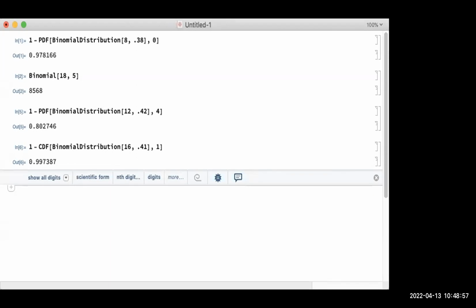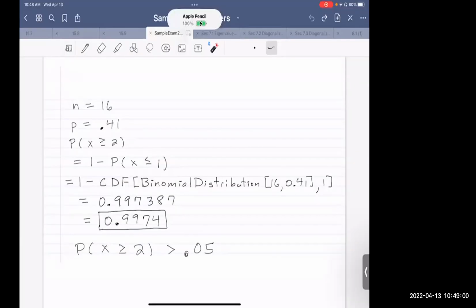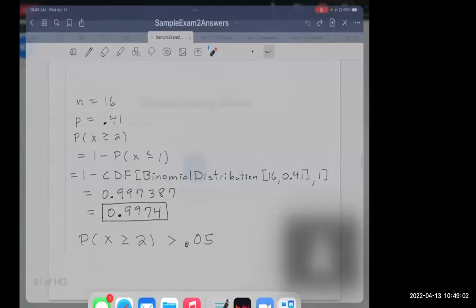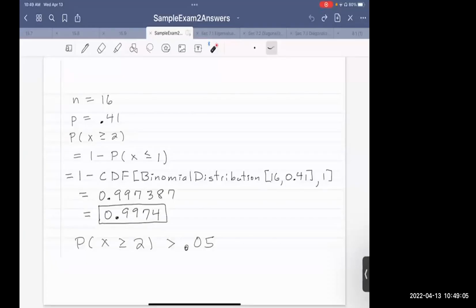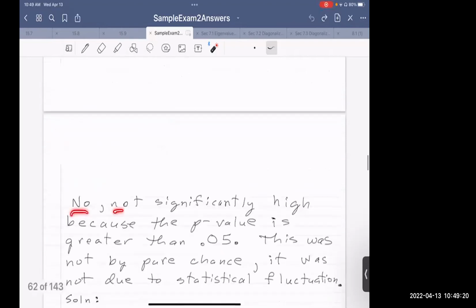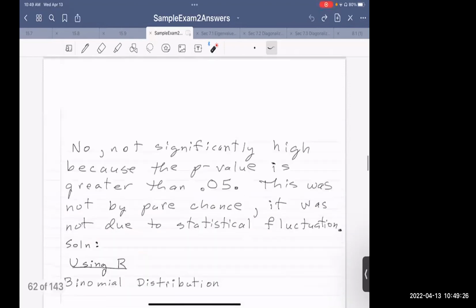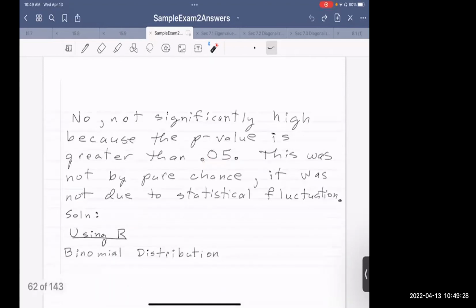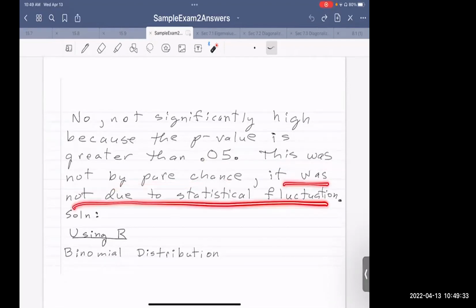And so I have 0.997387. Rounding to the nearest 10 thousandths, I have 0.9974. Since the probability x is greater than or equal to 2 is greater than alpha, then no, this is not significantly high because the p-value is greater than 0.05, the typical alpha value. This was not by pure chance. It was not due to statistical fluctuation.